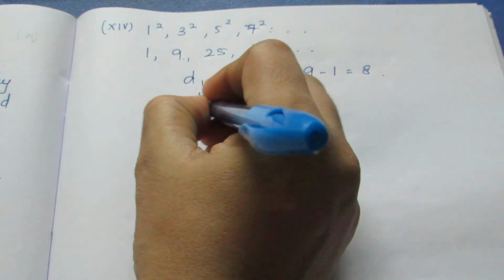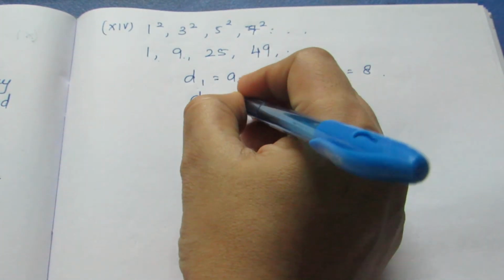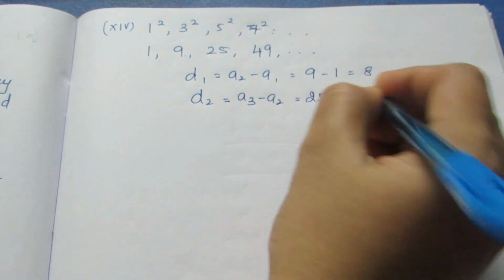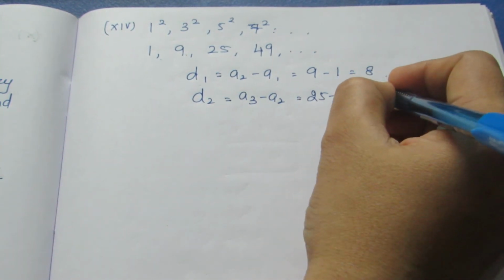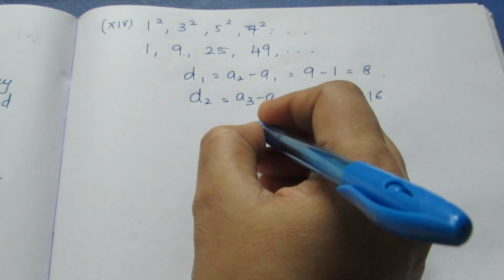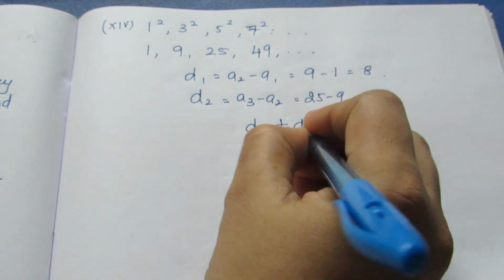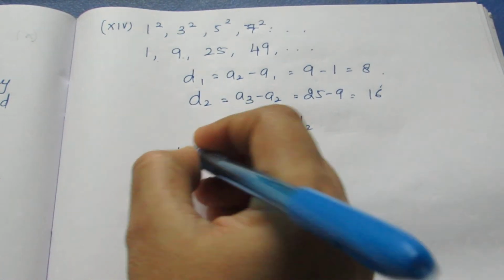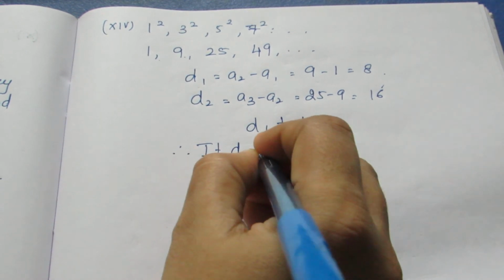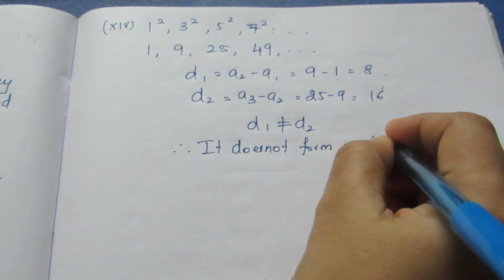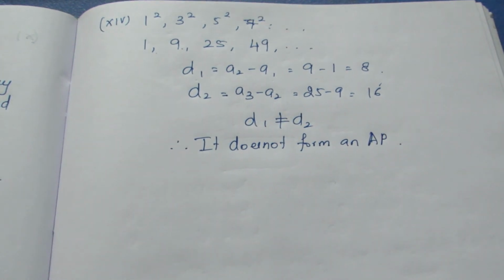Here d2 is equal to a3 minus a2, which is 25 minus 9, which is 16. As it is not equal, d1 is not equal to d2. It is totally different, 8 and 16. Therefore, it does not form an AP. So, 14th sum does not form an AP.